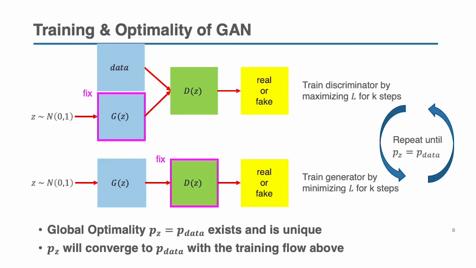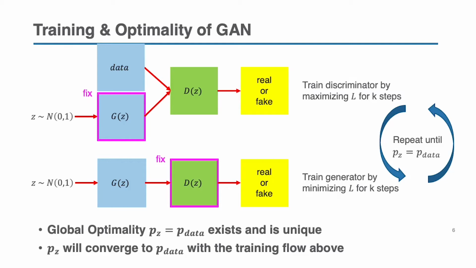So this slide shows how the general training works for GANs. During the training process, we would first train the discriminator by fixing the parameters of the generator and maximizing the loss function. So at this stage, we are just trying to improve the discriminator so that it's going to be able to tell fake images from real ones.